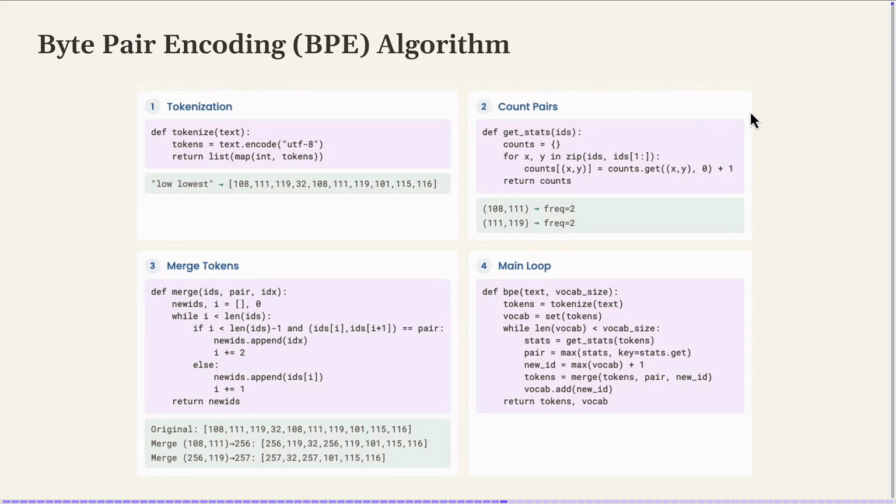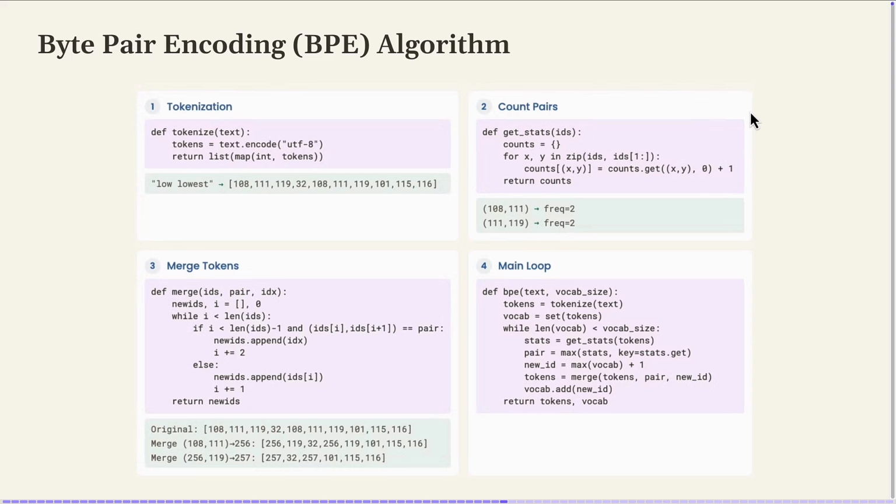So this is a pseudocode of the algorithm. First of all, we start from a text, and we will encode the text because we will use UTF-8 encoding. So the text is converted into tokens. BPE works on the UTF-8 encoding in the beginning.